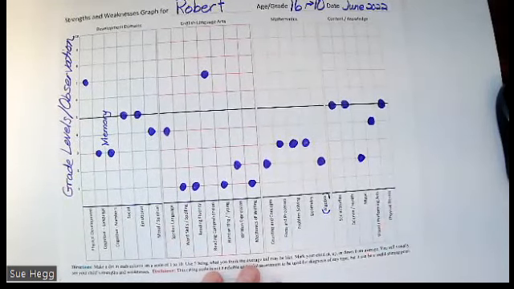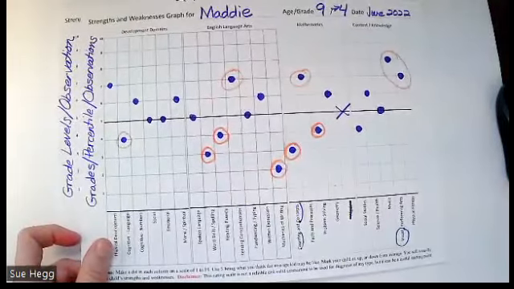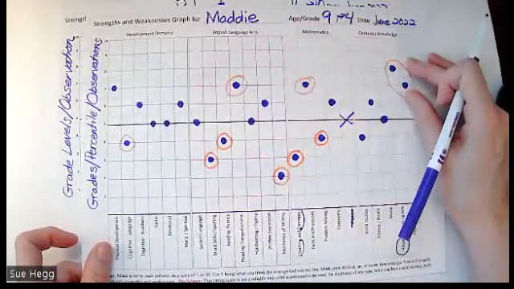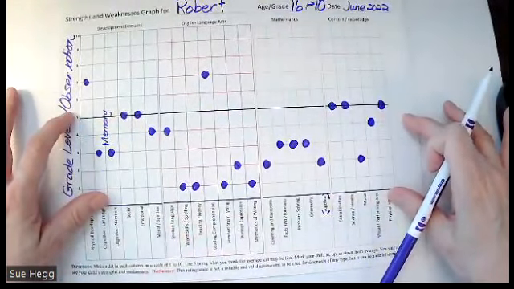All right, this is a very different profile compared to Maddie's. Maddie had some targeted weaknesses and some great strengths that we can utilize and work with. This is a much flatter and lower profile.